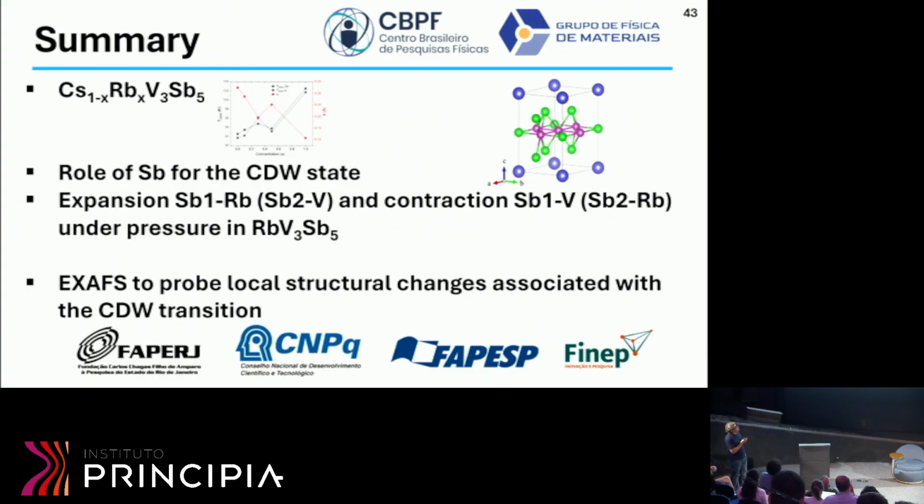This might be related to changes in the c lattice parameter, okay? It seems from the XAFS results that we have an important role of the antimony orbitals for this charge density wave state.